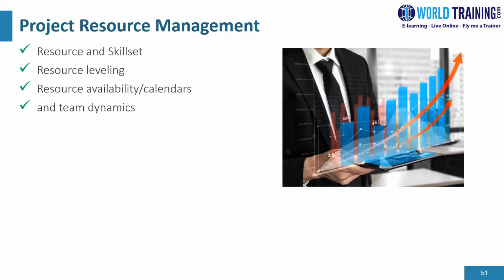And also the most important one is the team dynamics. So the AI system can delve into the previous project content and the documentation and see how the teams were working together. As an experienced project manager, you know that some people don't work well with other people if they are on the same team, and you want to avoid that at any cost.